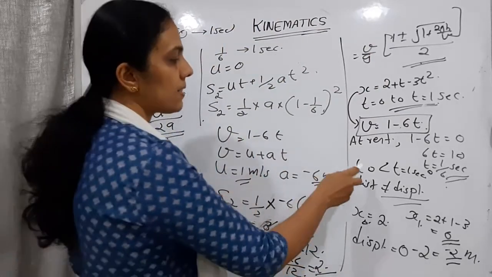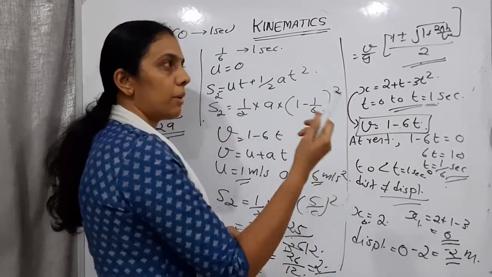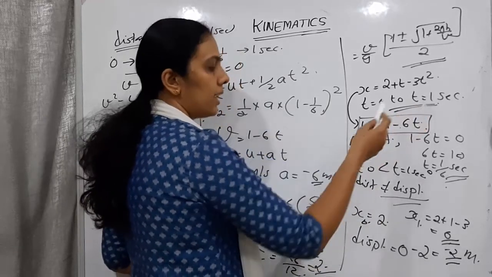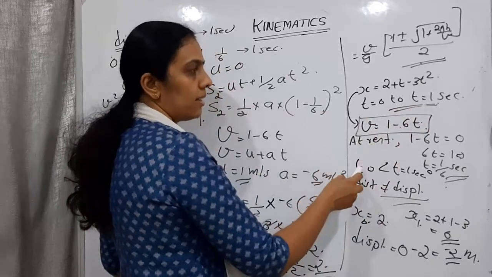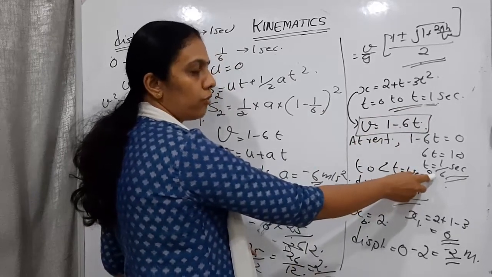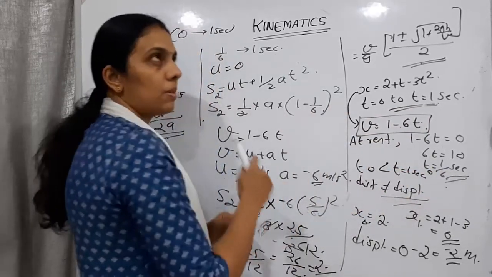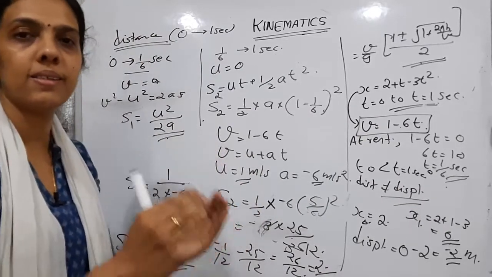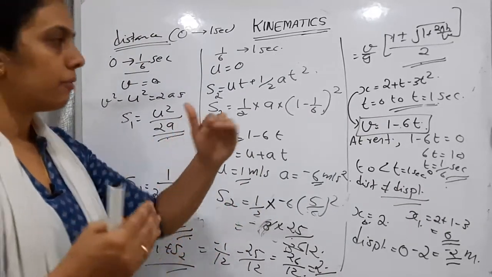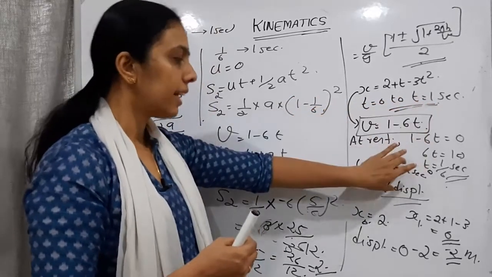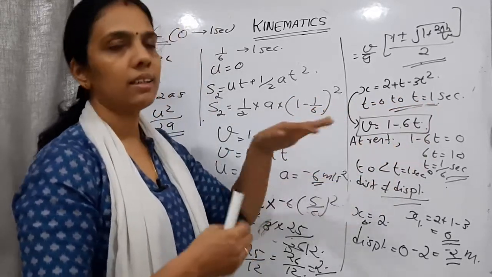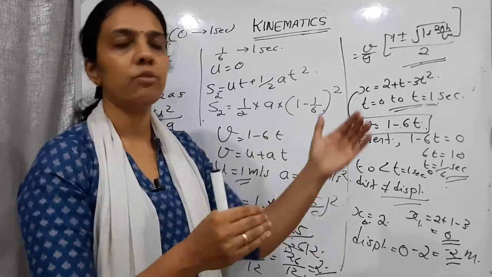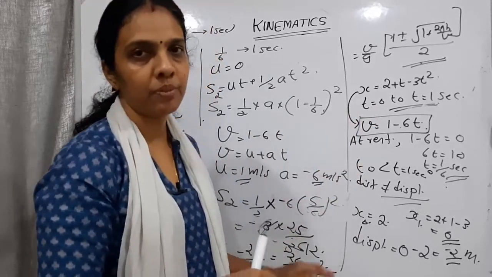If the time required to come to rest position is less than or equal to the given time interval, then distance is equal to displacement. But when the given time is greater than the time required to complete the motion, then we need to find them separately. Okay, clear?